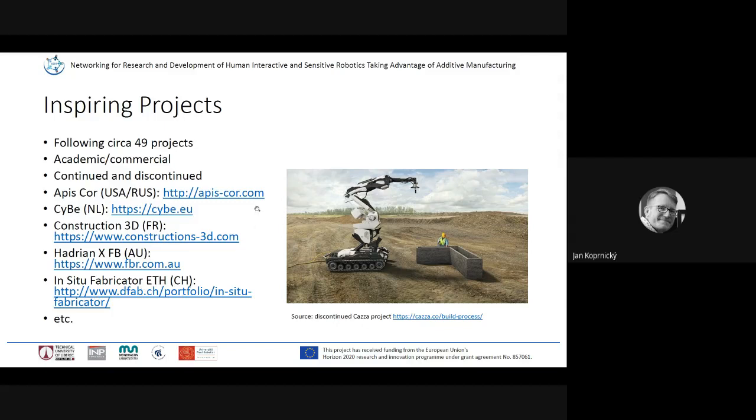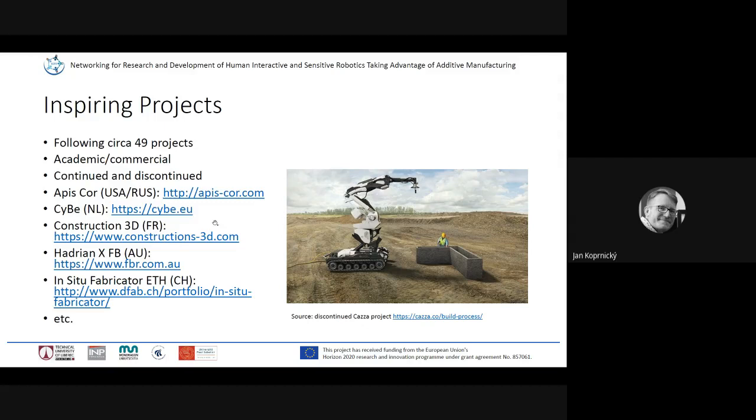What you can see on the right side is, let's say, a holy grail, but it's one project which was discontinued or stopped several years ago.